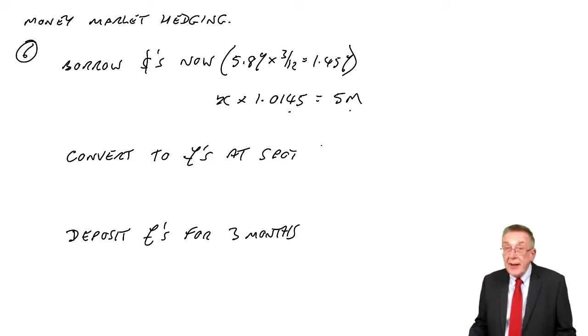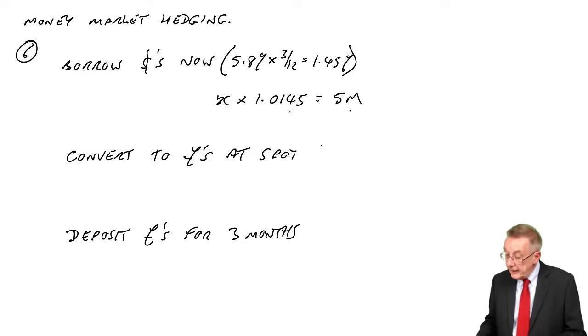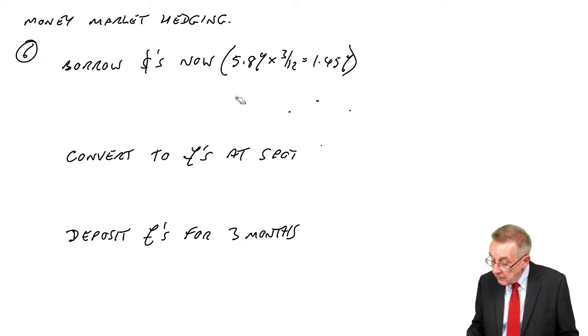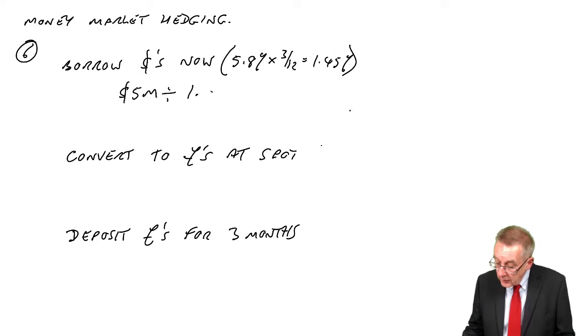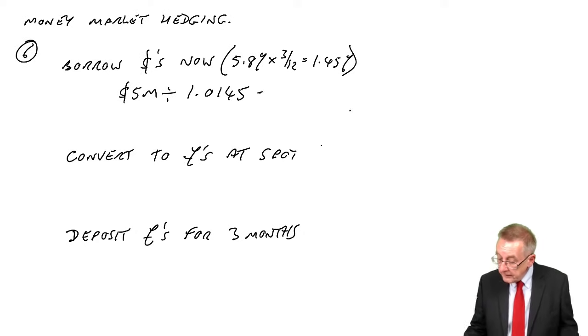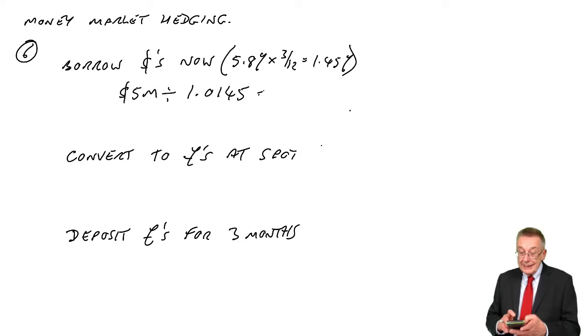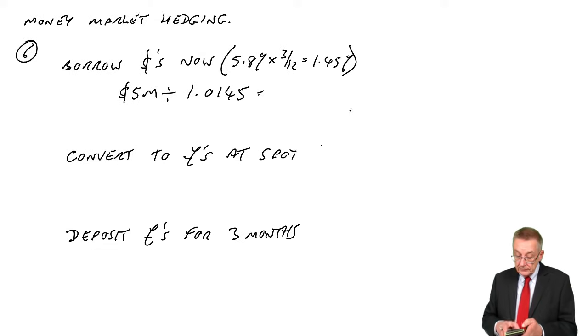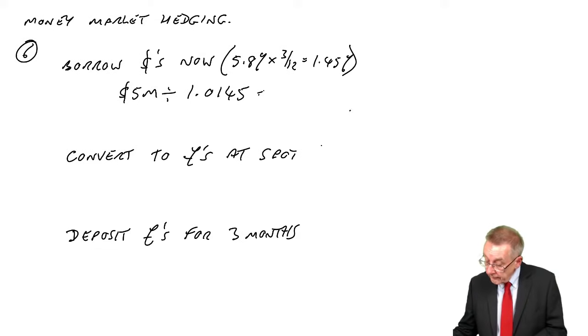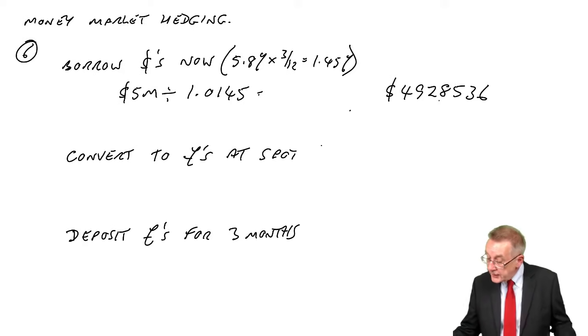X, it'll be 5 million divided by 1.0145. So the amount I'll borrow, 5 million divided by 1.0145, which means I'll borrow $4,928,533.6. So there's step 1.